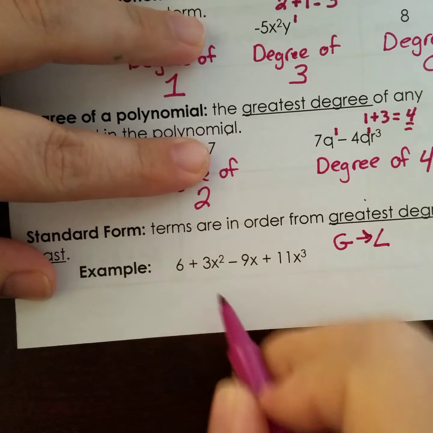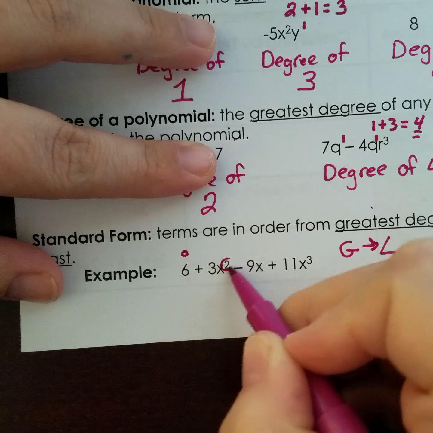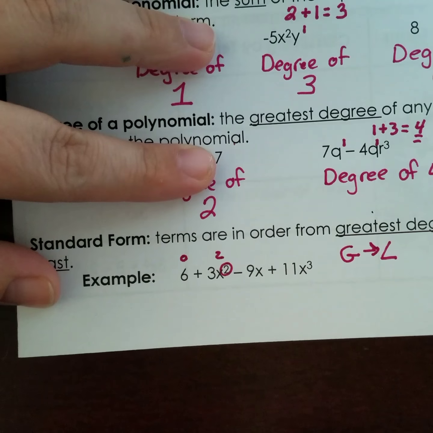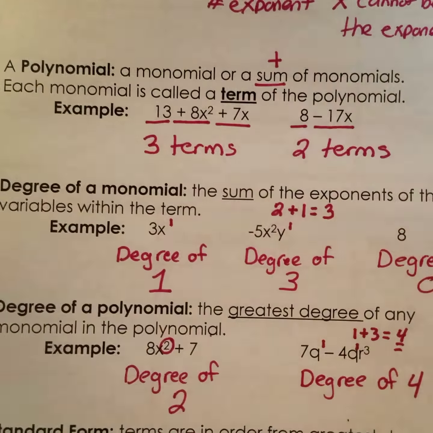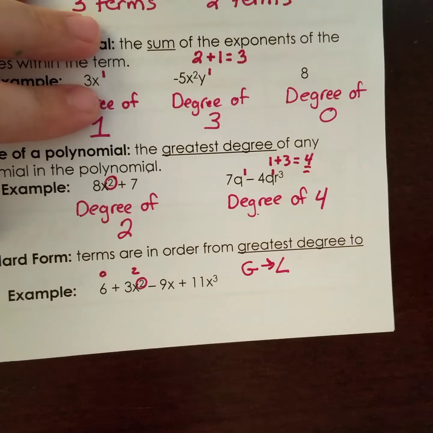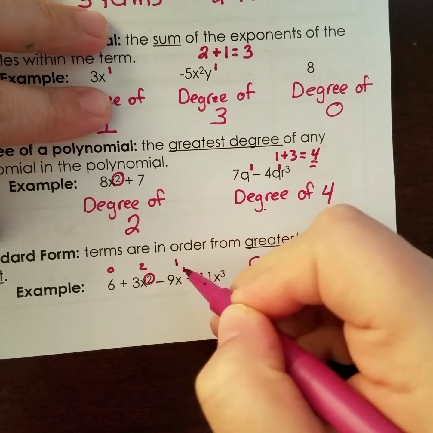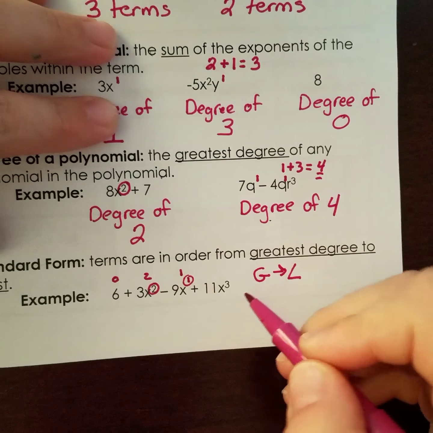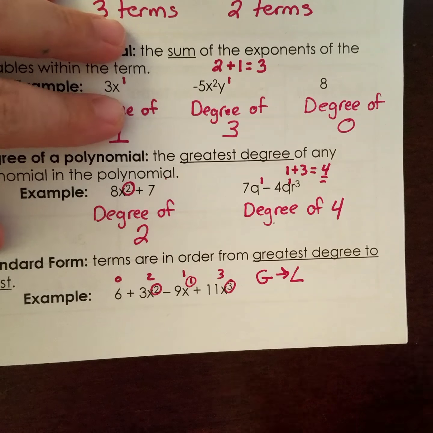So this has a degree of 0. This has a degree of 2. This has a degree of 1. And this one has a degree of 3. So you're just going to put them in order.